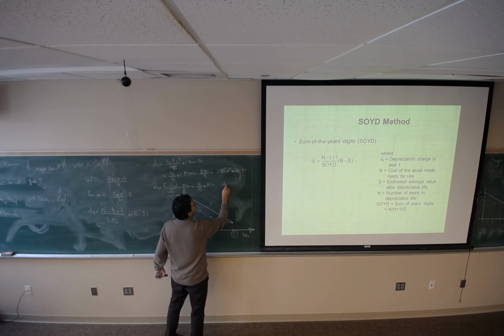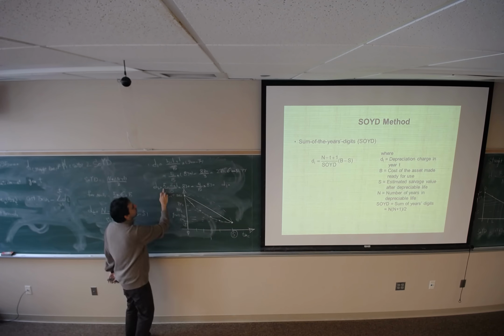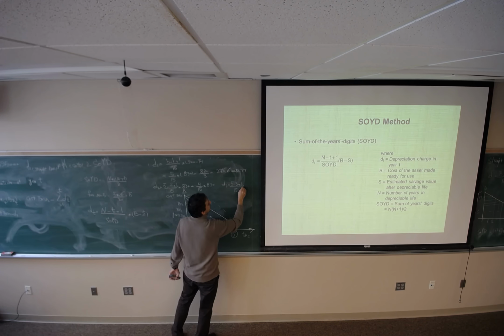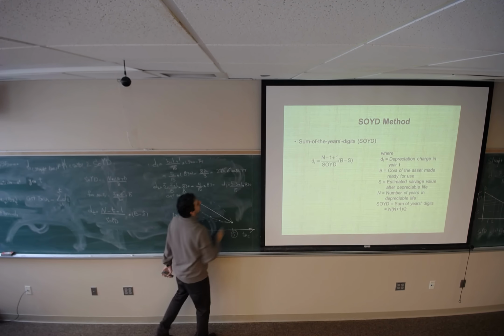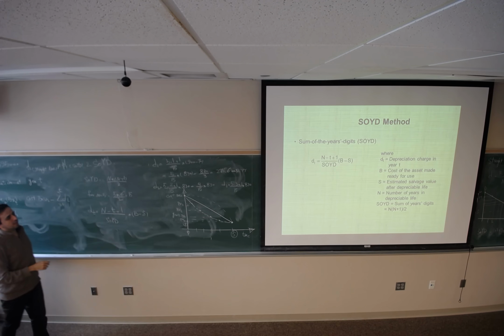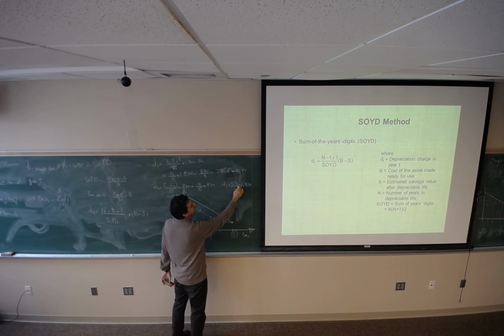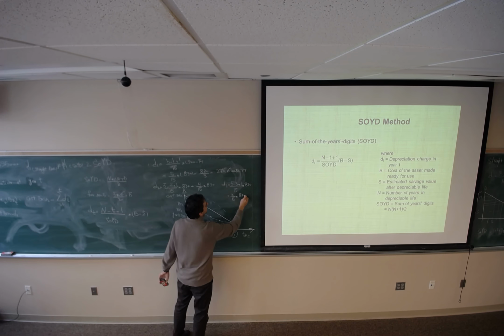D3 is 5 minus 3 plus 1 dividing by 15 times 830. 5 minus 3 is 2, 2 plus 1 is 3, so 3 dividing by 15 times 830.